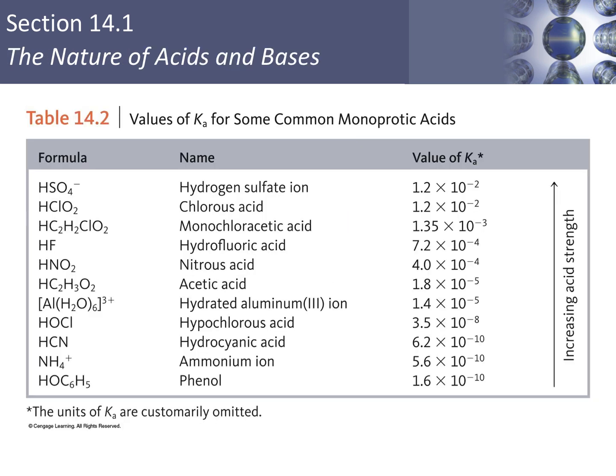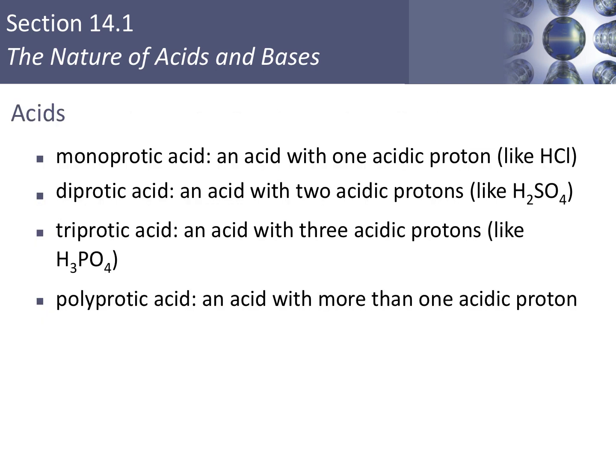Here are some Ka values for some common weak acids. The higher the Ka value is, the stronger the acid is. The lower the Ka value is, the weaker the acid is. Once again, there are no units on these equilibrium constants. The previous table had examples of weak monoprotic acids. Monoprotic means an acid with just one proton.